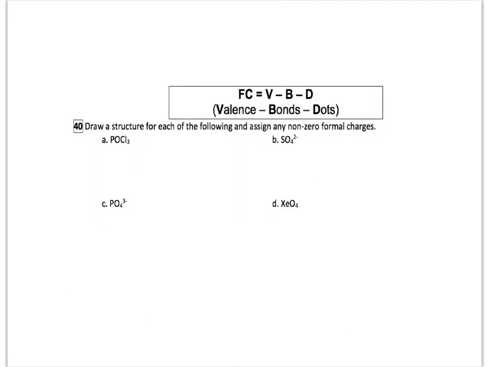These are a couple other examples, but let's actually just look at this letter D, the xenon tetraoxide. So the xenon would go in the center. We'd throw the oxygens around. So xenon has 8. Each oxygen has 6, times 4 is 24, plus 8 is 32. Now, there are different possibilities here.